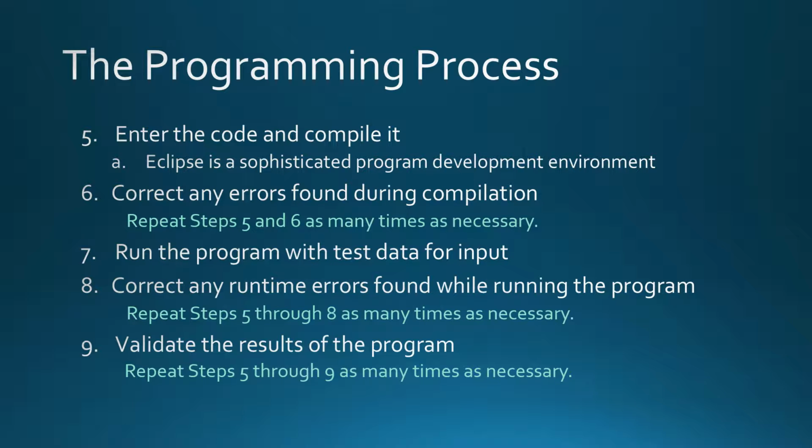The functional requirements typically have with them some sample inputs and outputs. So we will use the sample inputs and see if our program generates the sample outputs. And we'll repeat those steps as many times as we need to ensure that our program generates the same output as expected.